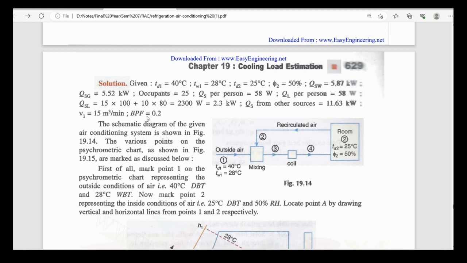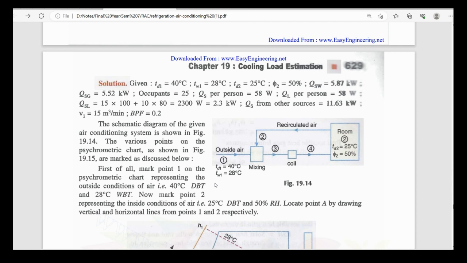In the adjacent diagram we can see the diagram, where the outside air condition is given, the recirculated air condition is given, then mixing will happen at point number 3 and then it will pass through the coil, then we will get point number 4 air. Now that air of point number 4 will be passed directly into the room. The room desired condition is given as DBT 25 degrees Celsius and humidity should be 50%. In this way we have to solve the problem.